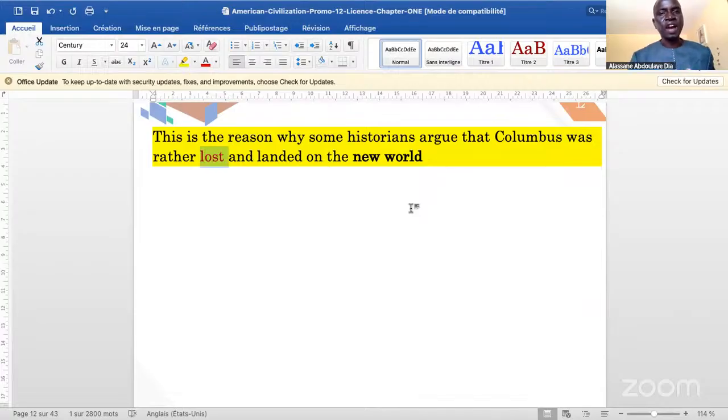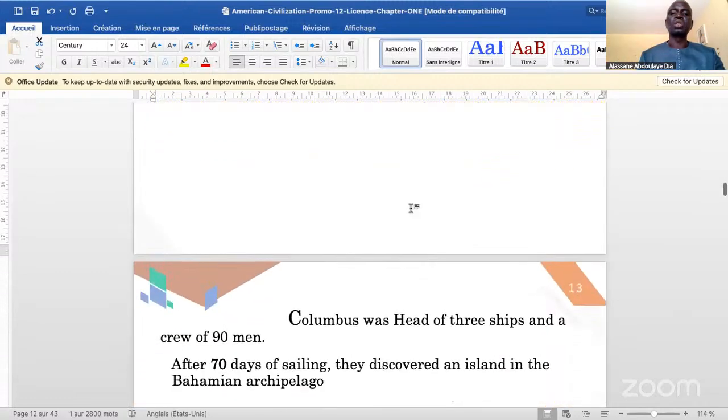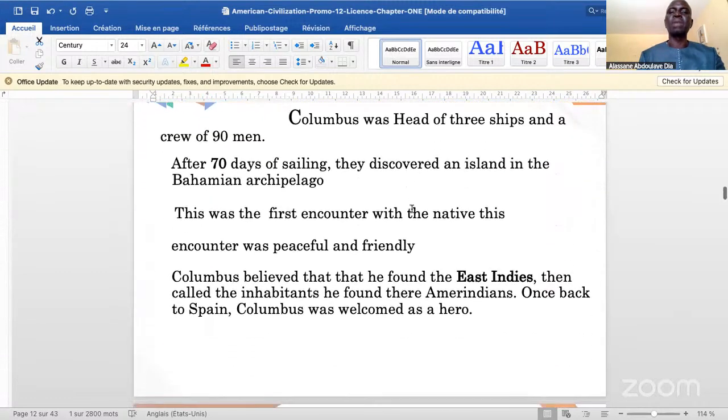So to simplify things, Christopher Columbus was going to the west, to the east, to India, to Asia, and he landed in a totally new world. And for him, that was a good occasion. He was lost, but he discovered a new world. And people started saying, Christopher Columbus discovered America.